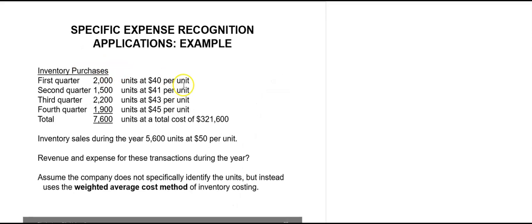In this example, we continue with the same data that we have on inventory and sales. However, this time to recognize revenue and expense, we are assuming that the company does not specifically identify the units, but instead is using the weighted average cost method of inventory costing.